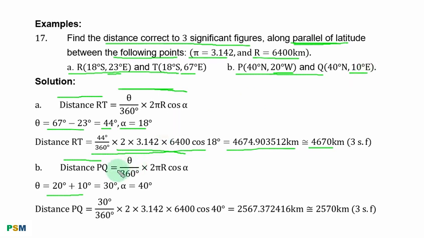When you add, you have 30 degrees. Alpha, the angle of latitude, is equal to 40 degrees. To get distance PQ, you replace all the parameters with what they stand for. When you simplify, you have these results.